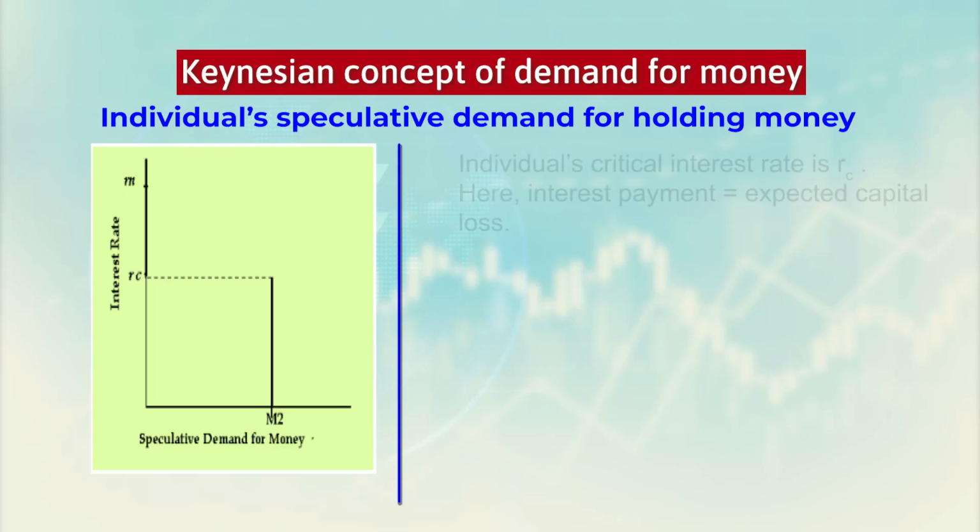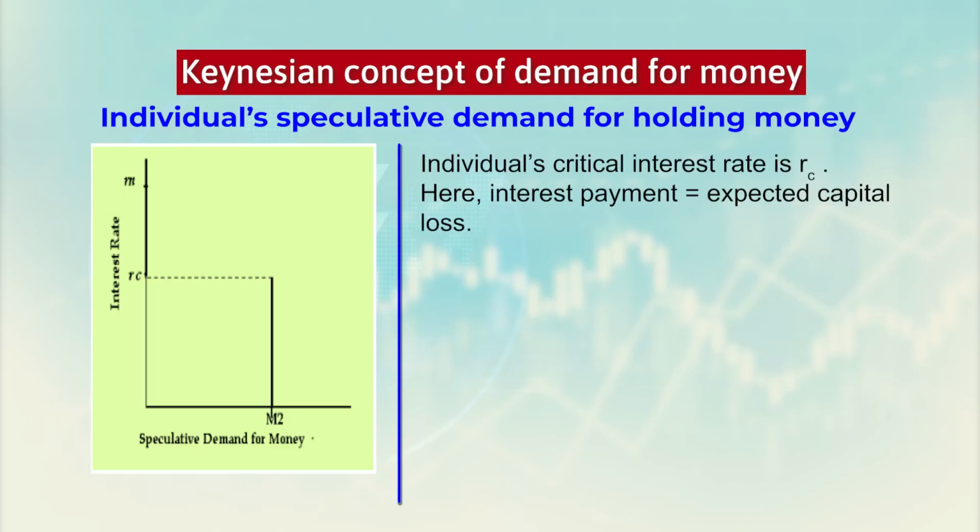So the speculative demand for money remains almost zero for the interest rate when it is higher than Rc. Rn is one such interest rate. Any interest rate above Rn also gives me this kind of thing. And when the interest rate is exactly equal to Rc, then what is going to happen?